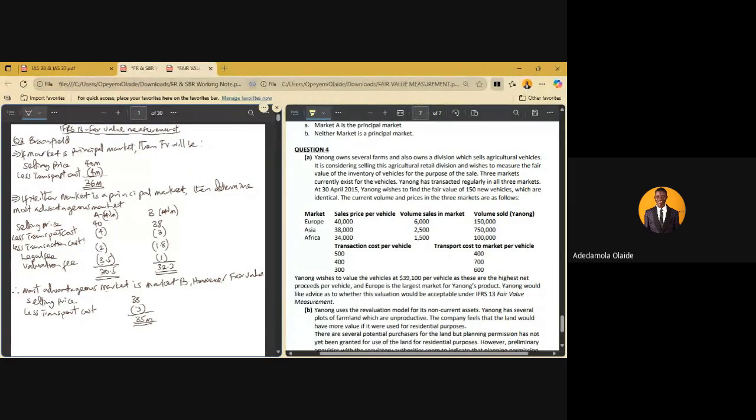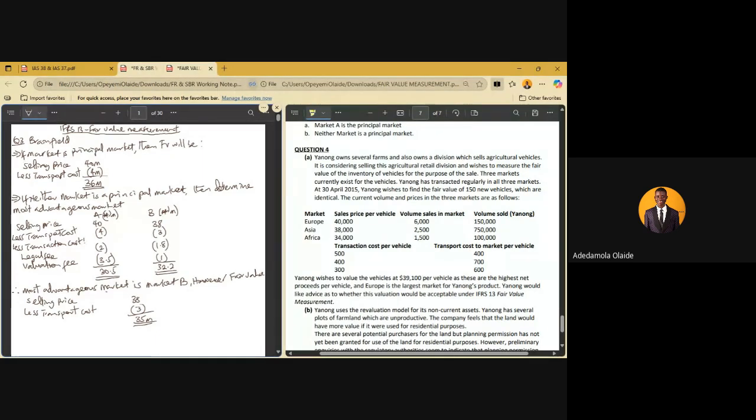Okay. So Yanong wants to know. They want to value their 150 vehicles and they've calculated the value to be 39,100 per vehicle. But they want to be sure whether that 39,100 per vehicle is right or wrong. We have three markets: Europe, Asia, and Africa. And we have the sales price per vehicle in that market.